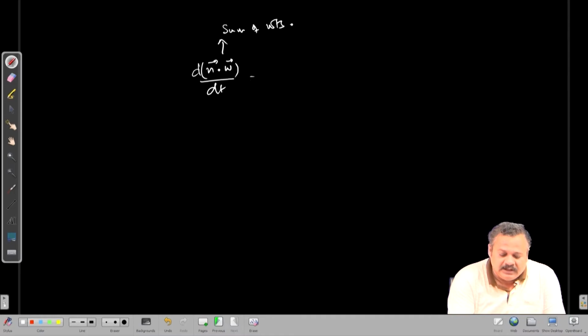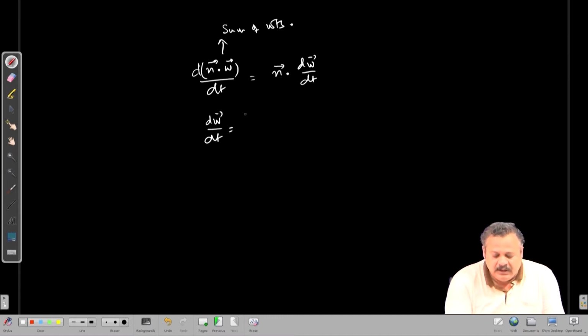And so this is nothing but the n vector dot dw/dt, and our dw/dt from our previous expression is v u minus v (n dot u) n divided by N_u.